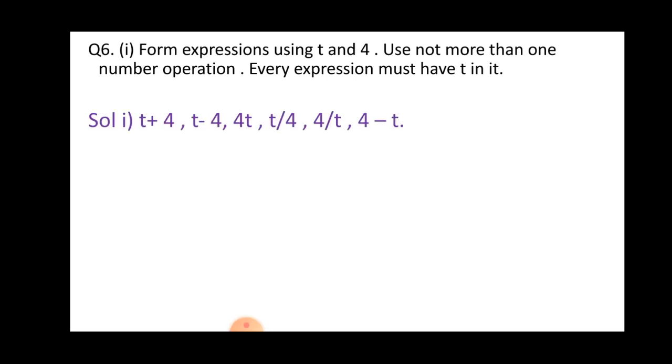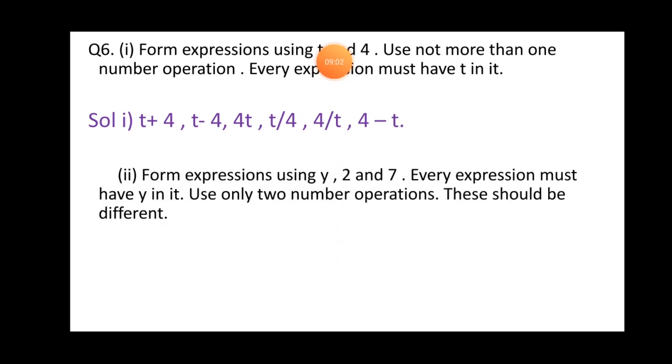So t must be there in every expression we form. It can be written like t plus 4, or t minus 4, or 4t, or t by 4, or 4 divided by t, or we can write 4 minus t.